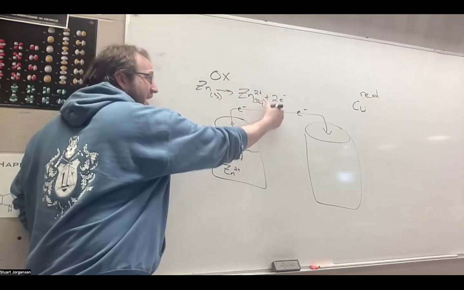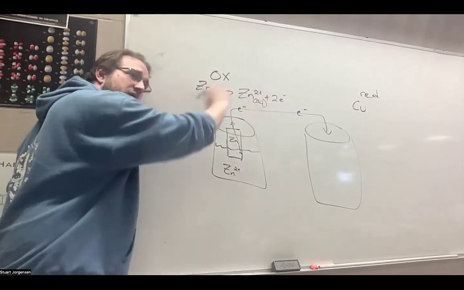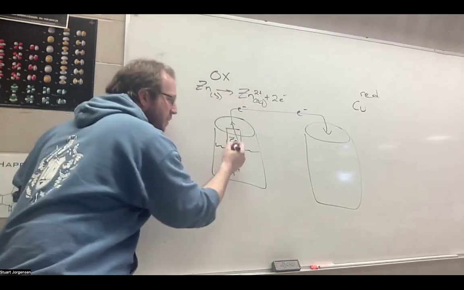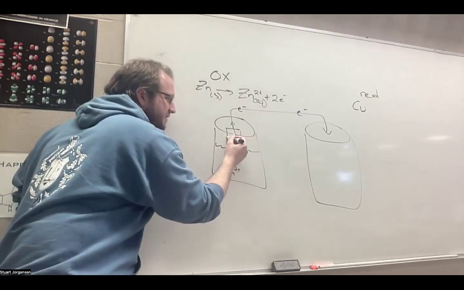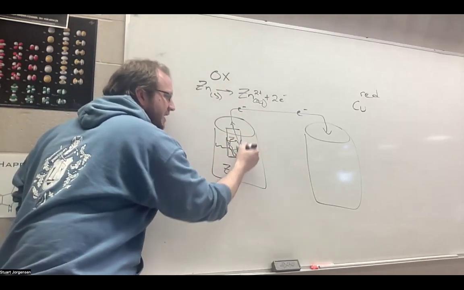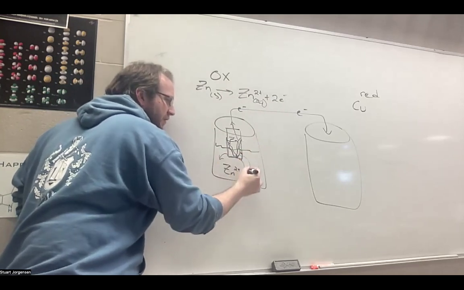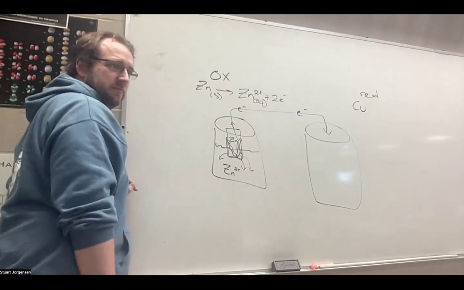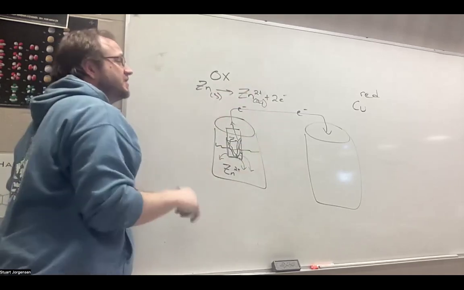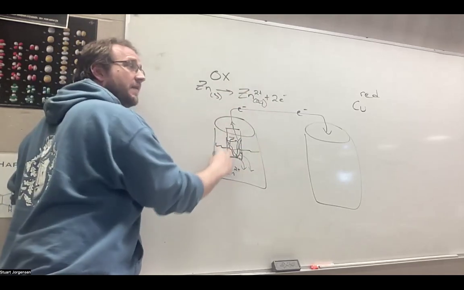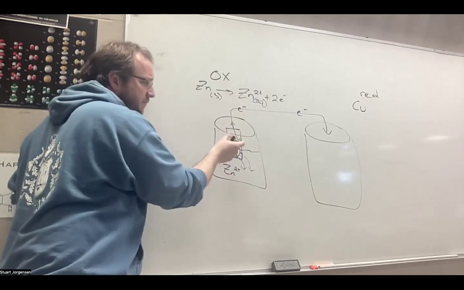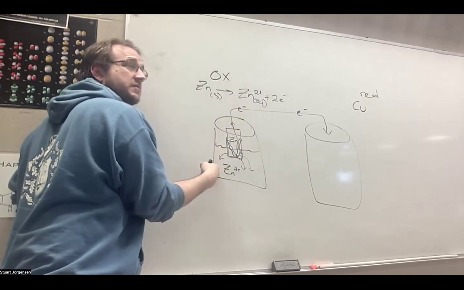So over time, as we keep shooting electrons away from our zinc, more and more of this anode gets eaten away. And those zinc ions come off and start floating around in the soup. That's why we say that mass is lost from this piece of metal, because as more and more electrons leave, more and more of the zinc goes aqueous.